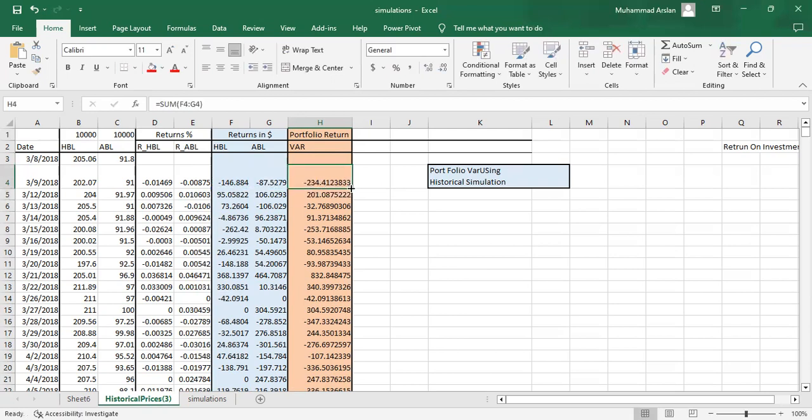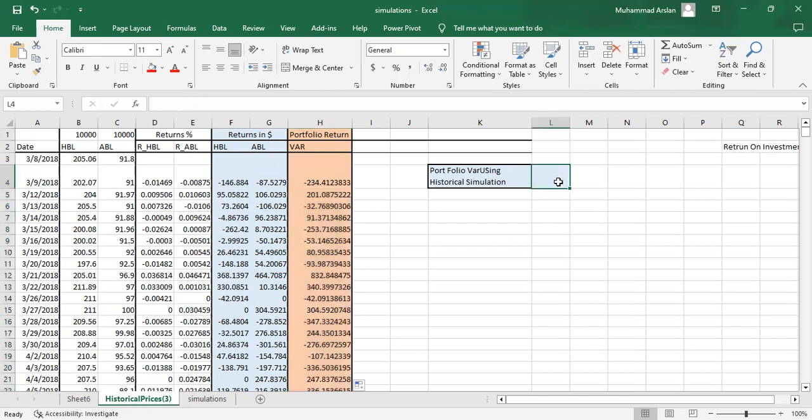Then we get the total return on the portfolio, like a minus 234 rupee loss. We have recorded a loss of 233 rupees on the 9th of March 2018. Similarly, we got a profit of 201 on the date 12th of March 2018.